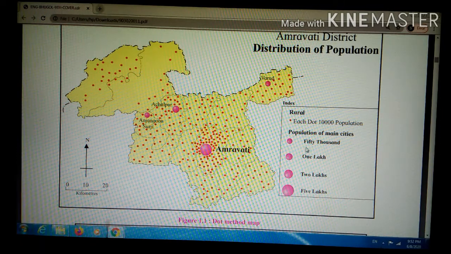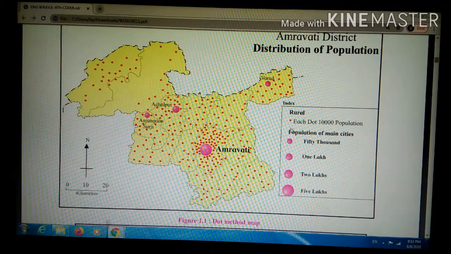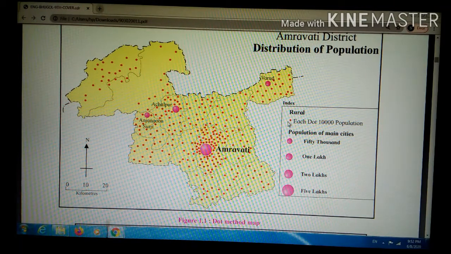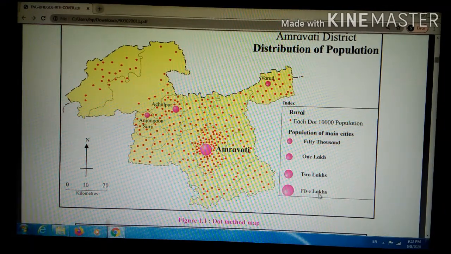Then for main cities, some are bigger than a rural dot. Here one rural dot is near about 10,000 population. Then a bigger one shows a population of 50,000. Then again bigger shows 1 lakh. Then a bigger one is 2 lakh, and the biggest is 5 lakhs.